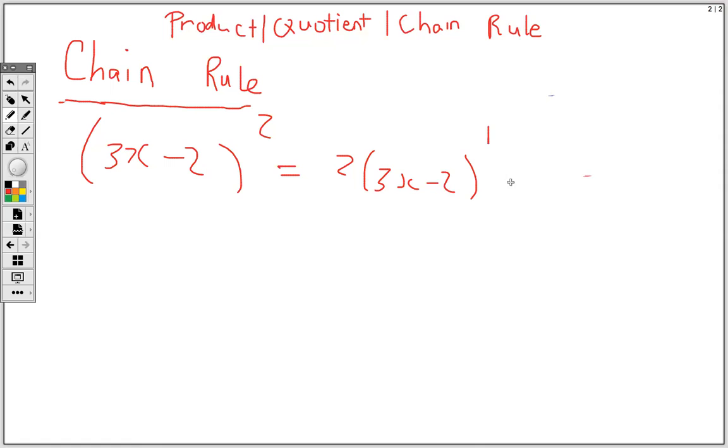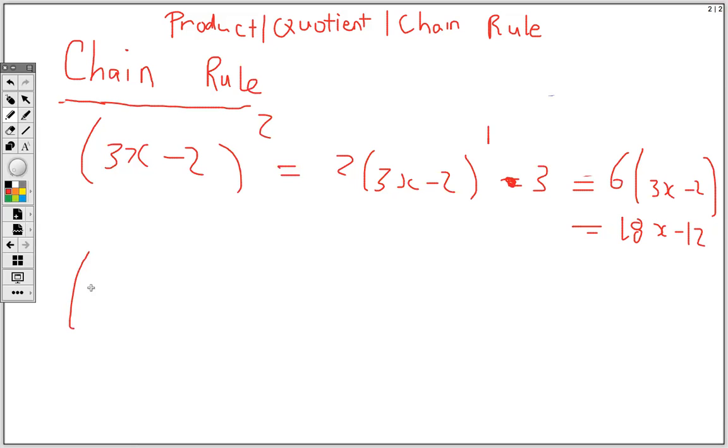Then I differentiate the inside, so I'll have 3. So 3 times 2 is 6, so the answer is 6 times (3x minus 2). And then I can go further to have it as 3 times 6, 18x. And 6 times negative 2, that's negative 12.